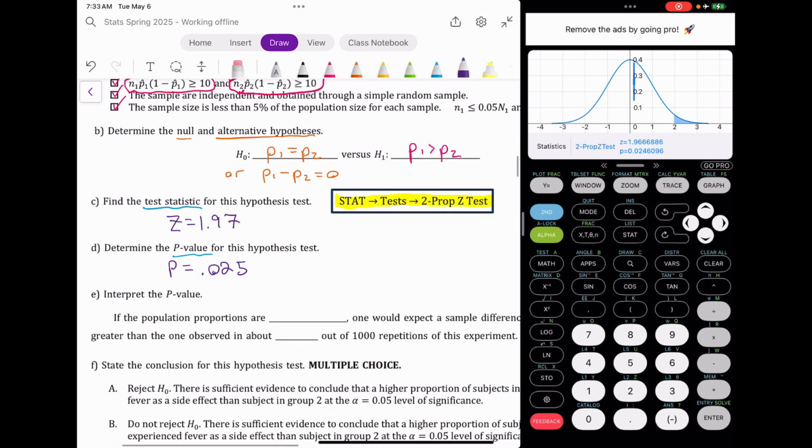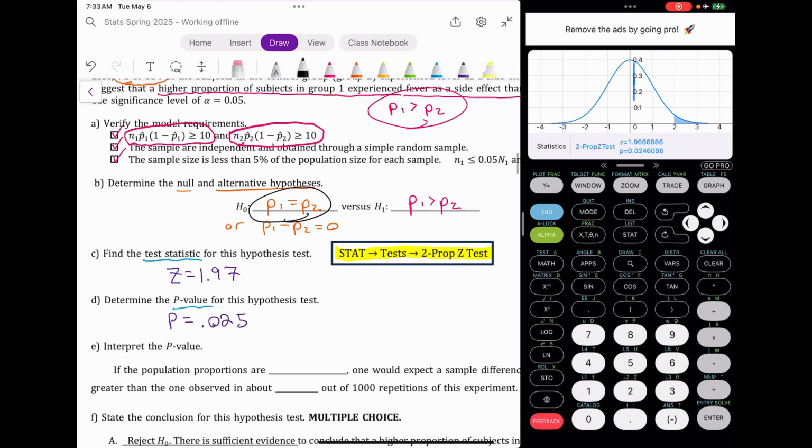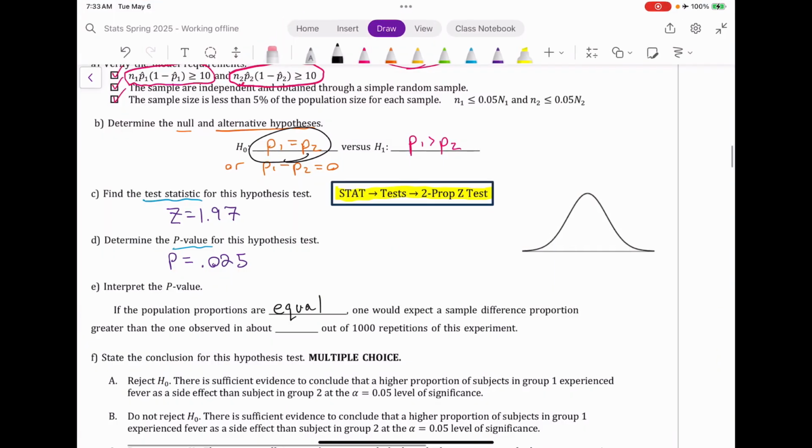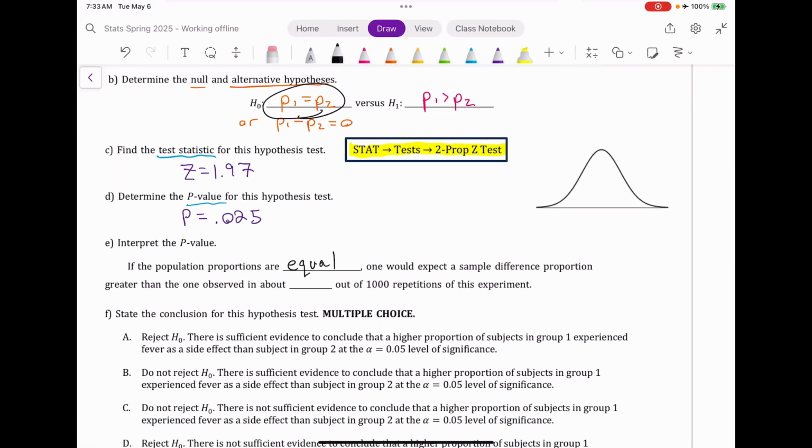So let's interpret this. So if the population proportions are equal, right, that's what we're assuming in the null hypothesis, one would expect a sample difference proportion greater than the one we observed in about 0.025 times 1,000 is 25.